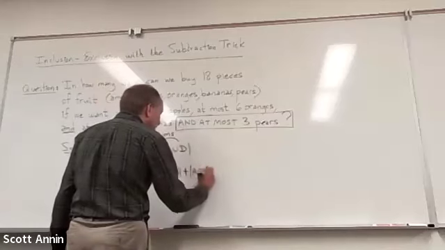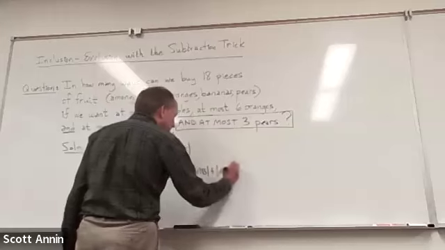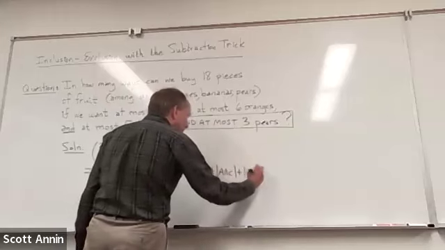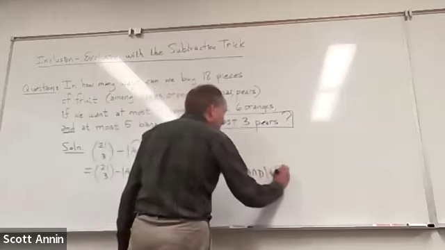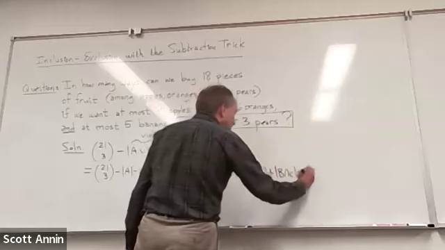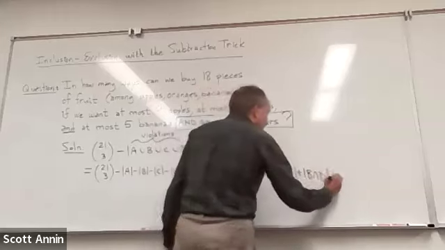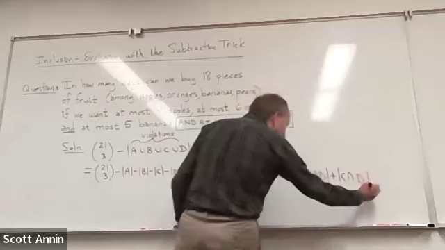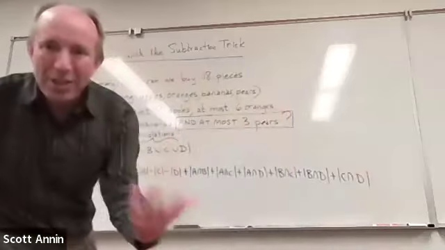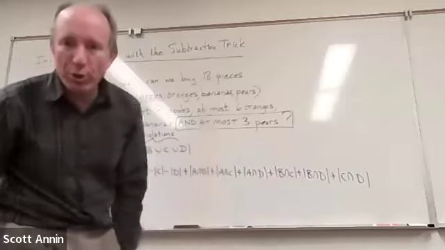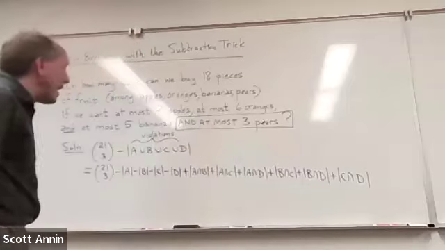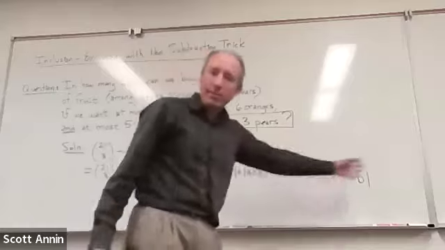So we'll have A intersect B added with A intersect C, added with A intersect D, added with B intersect C, added with B intersect D, and added with C intersect D. Every two-way choice of two of the four sets has to be considered individually here.